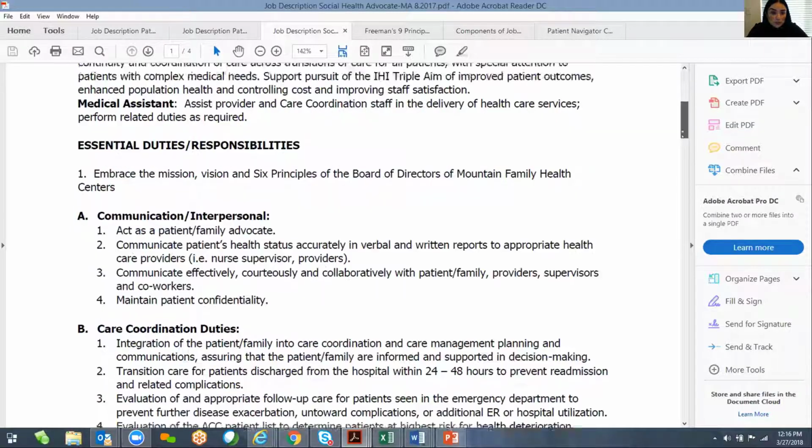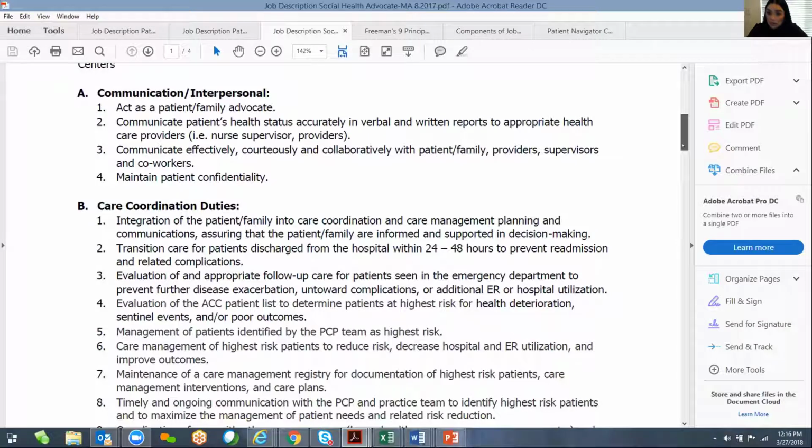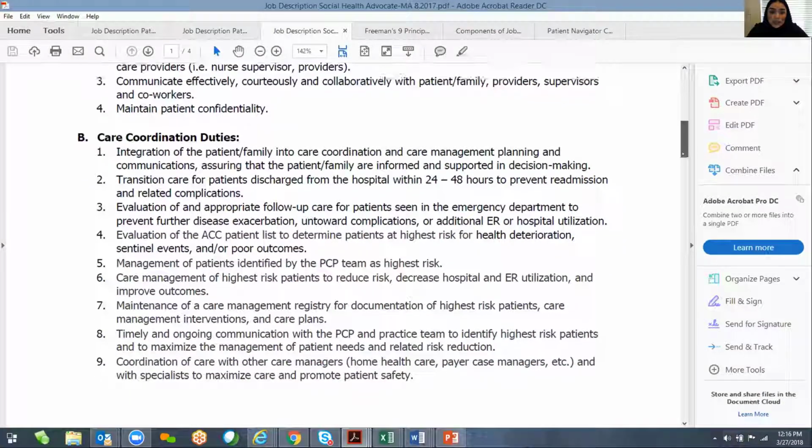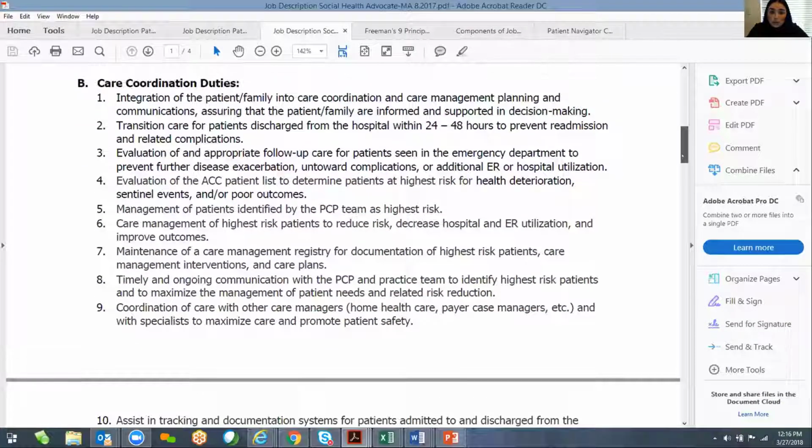Essential duties and responsibilities, again with the communication portion. This is where our roles have really come a long way. Again, patient navigation for health education has now evolved to be able to provide care coordination and even case management, and even be assigned certain panels of patients.